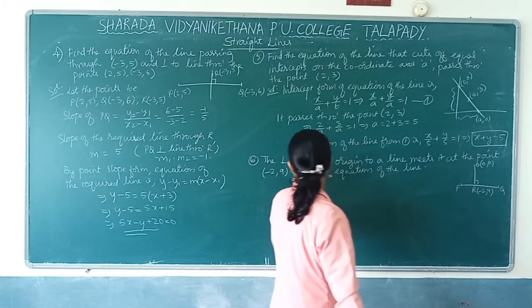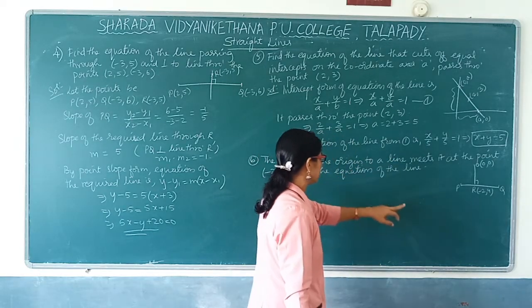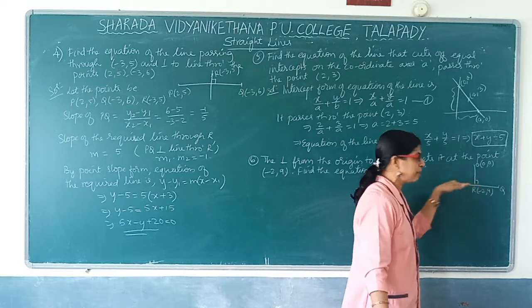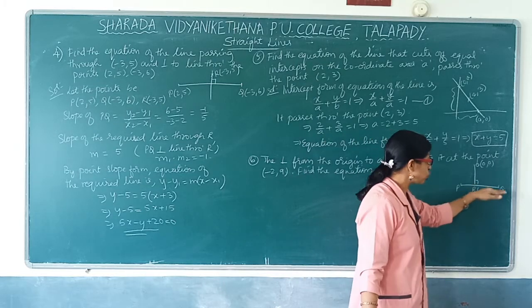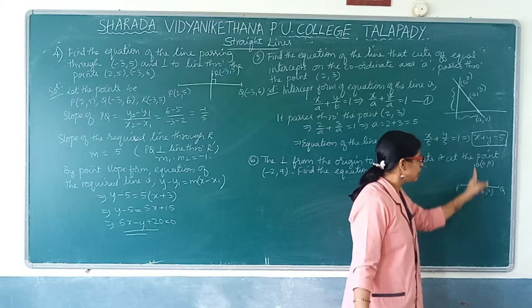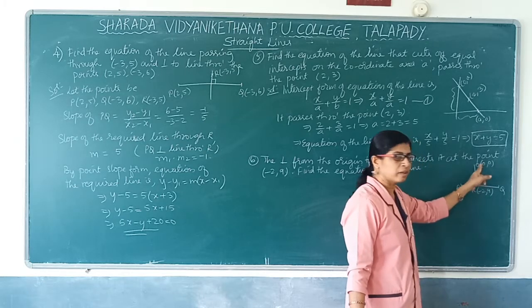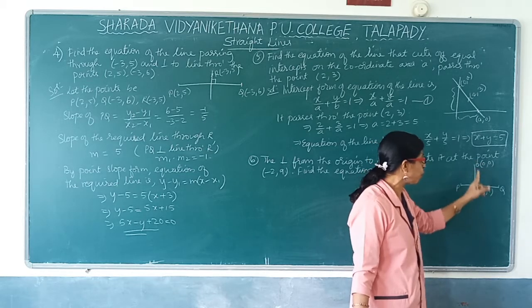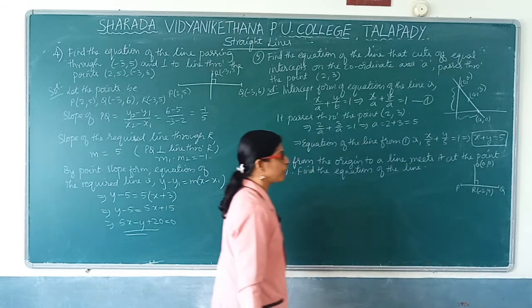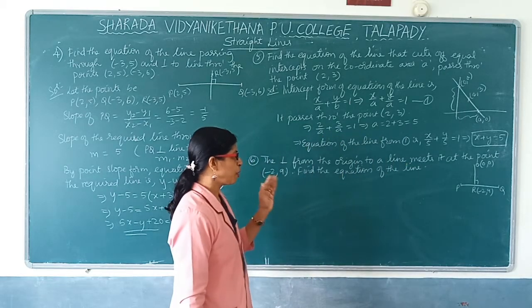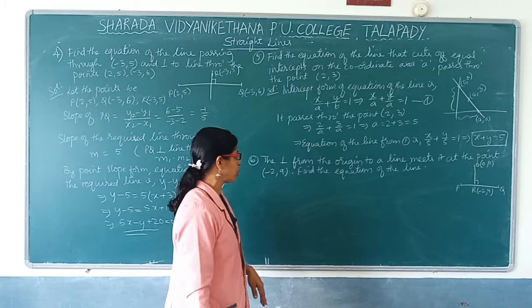The perpendicular from the origin to a line means this line is the one whose equation they want. We want the slope of this line. But here both the points on the perpendicular are given, so we can easily find the slope of OR. If you find the slope of OR, the slope of PQ will be its negative reciprocal.